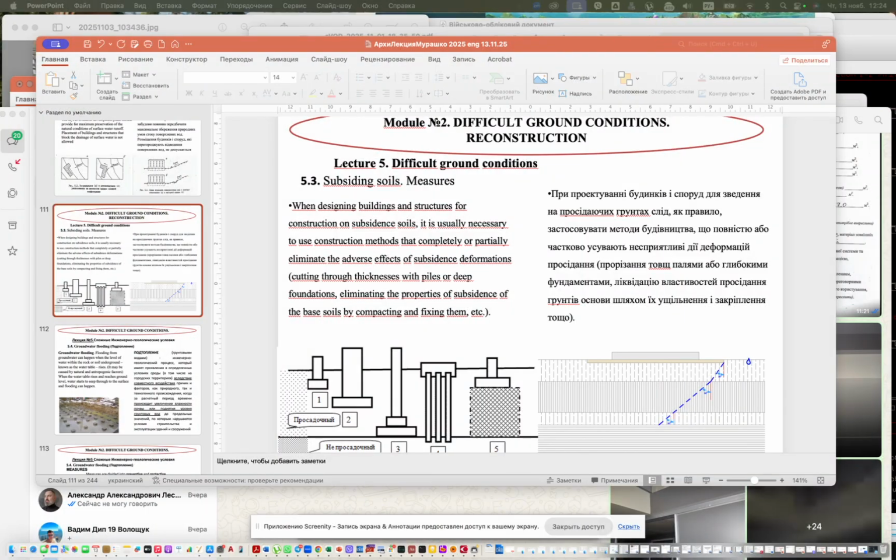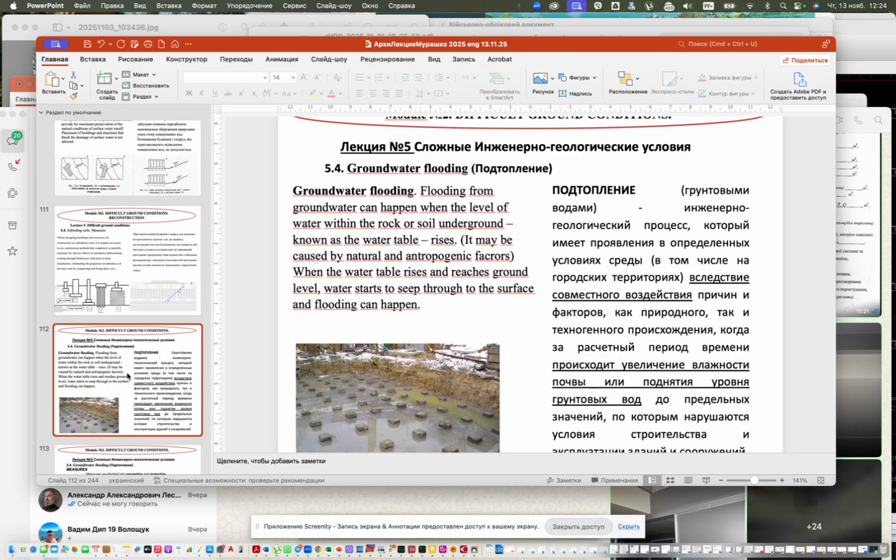It's not like a building замок, but it's like a lock which protects our building from the entering of water. So nevertheless, here are the four main solutions for the subsiding soils in Ukraine.